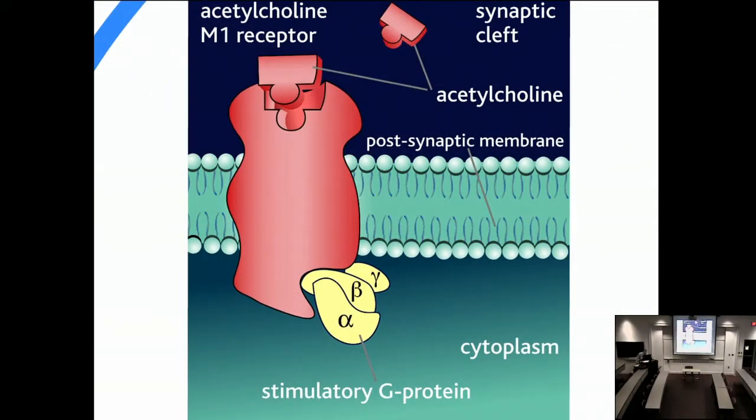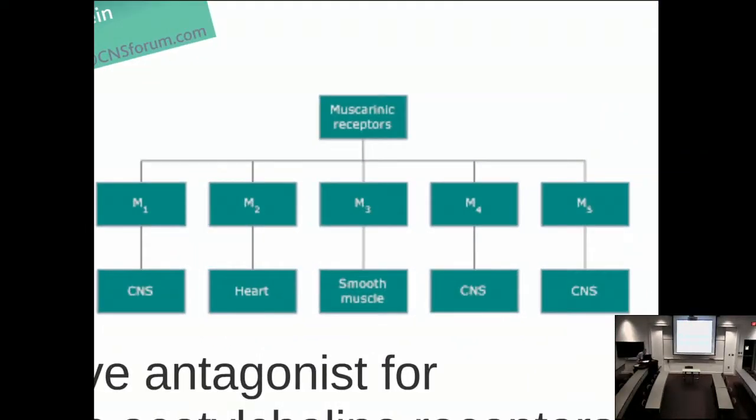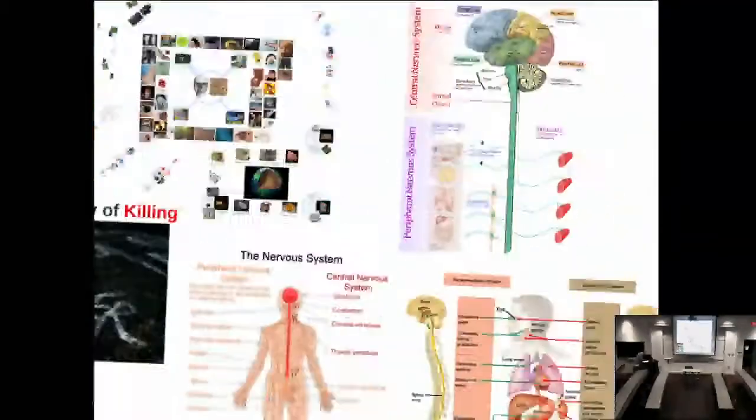And I don't have a picture of muscarine up here because I suck, obviously. But how this works is that it's going to act as an antagonist, and so it's going to basically block these receptors. And that's going to be a problem because muscarinic receptors, there are 5 different types, M1, 3, and 5 mostly control the central nervous system, M2 controls the heart, and then M3 controls smooth muscle.